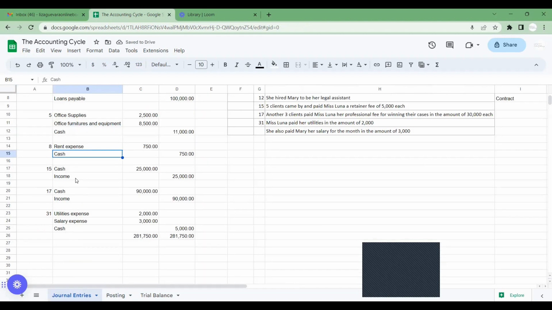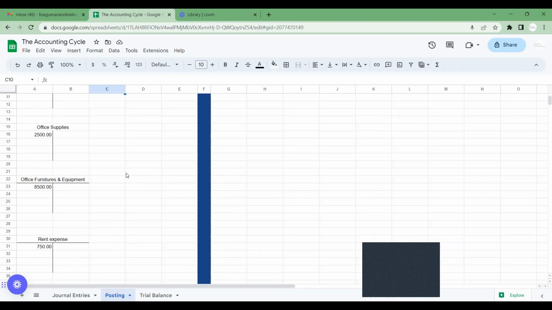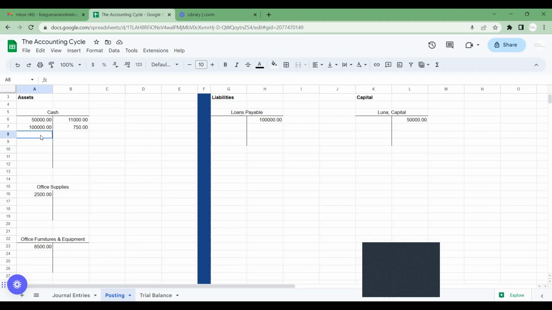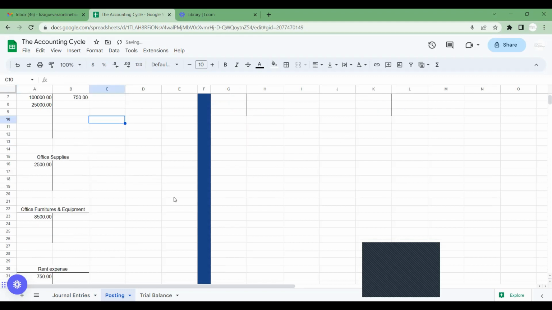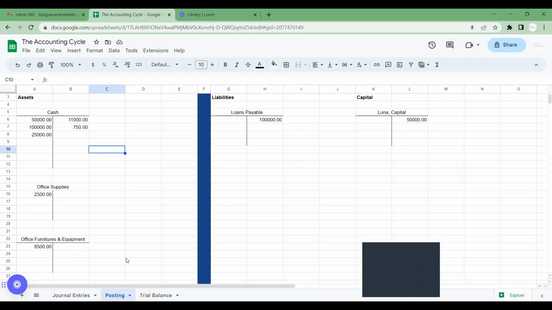Next, we have income: debit cash of 25,000 and credit income of 25,000.